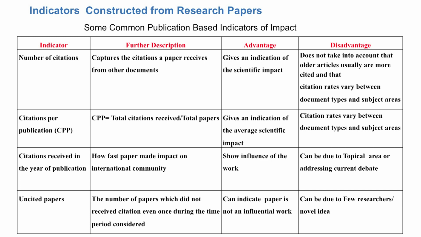Uncited papers can be due to few researchers working in the area, or the idea can be so novel that there are very few people working on it. So, the point of attention I am drawing is that you have to be very careful while interpreting the results from these indicators.